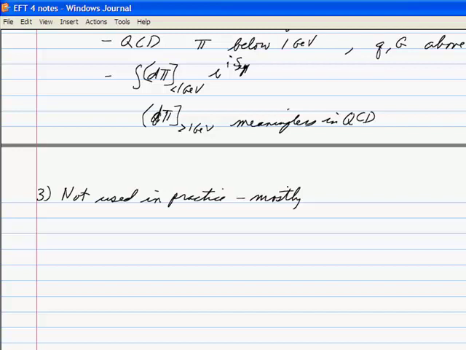Okay, so most of the time you actually don't use it. And the logic here is that cutoffs are tough. Okay. And my example that I gave you before is that it looks bad, it's tough in power counting.